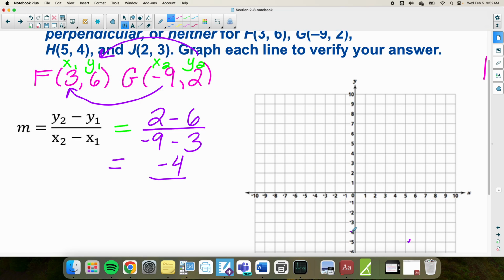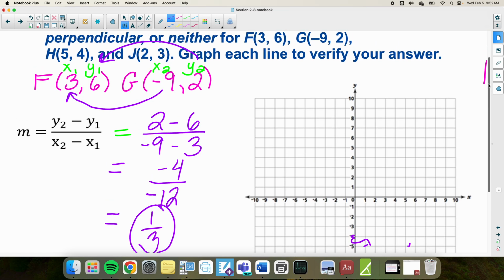Negative 9 minus 3? Negative 12. Now, do you guys know if they're both negative, it becomes positive? Yeah. And what goes into 4 and 12? 2 does. Is there something bigger than 2 also? 4 does, yes. So 4 goes in here once, 4 goes in here 3 times, and then the reason it's positive is because they were both negative.